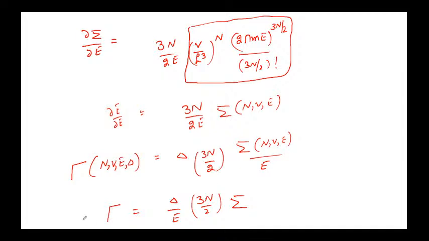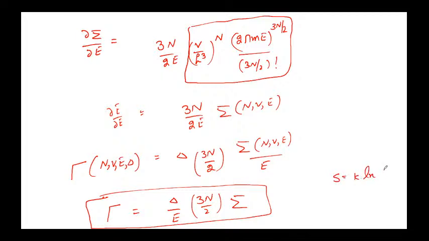Now what we have to do is, from this precise number of microstates, we can calculate the value of entropy, that is k log of omega.